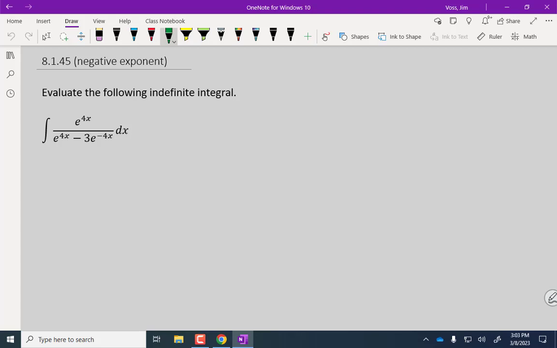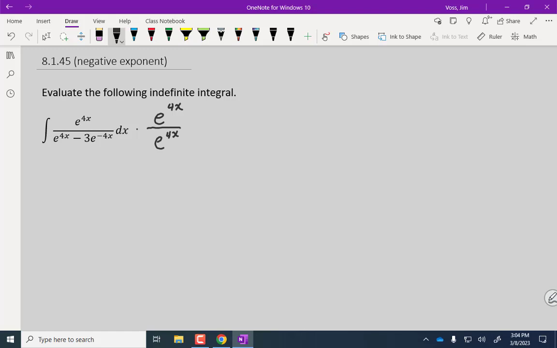We're going to multiply by the reciprocal. Total guess, great, but that only goes so far, right? So we multiply by the reciprocal.